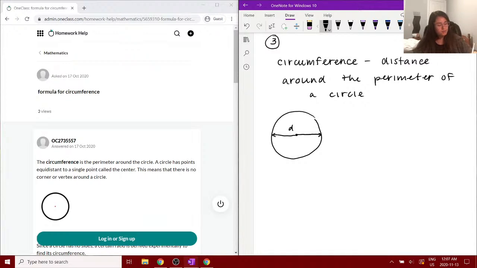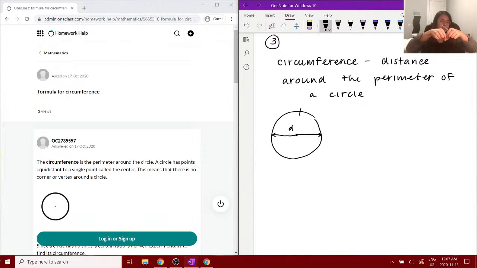And if, say, we have this perimeter around the circle, I guess I could draw it, like this. If we had, say, a string or something, and wrapped it around into a circle.